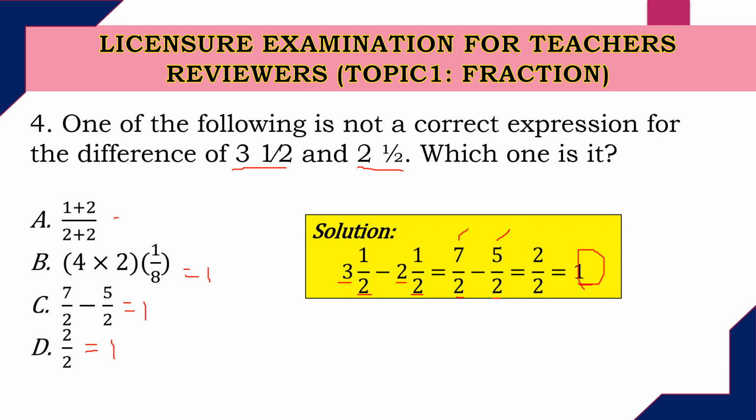How about letter A? 1 plus 2, that is 3, all over 2 plus 2, that is 4. Meaning, letter A is the expression that is not equal to the difference of the two given numbers.